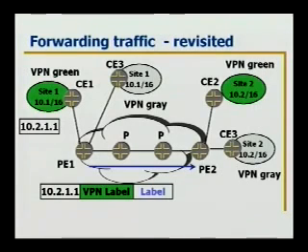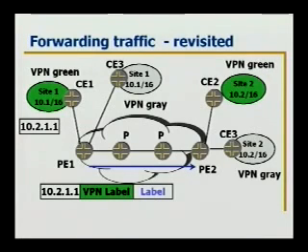The inner label, the bottom label, is the VPN Green label that identifies this traffic as belonging to VPN Green. The outermost label is the label of the label switch path between P1 and P2. So when a packet is going along the path this way, the forwarding is going to happen based only on the uppermost label.